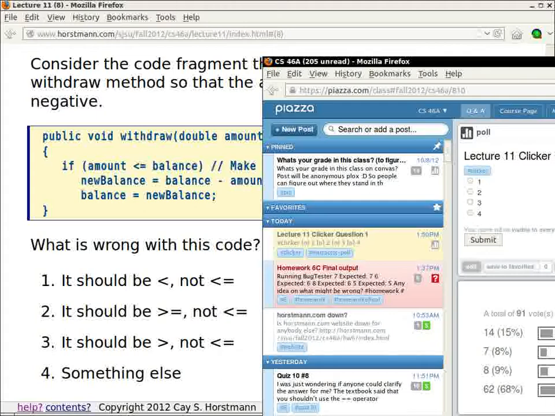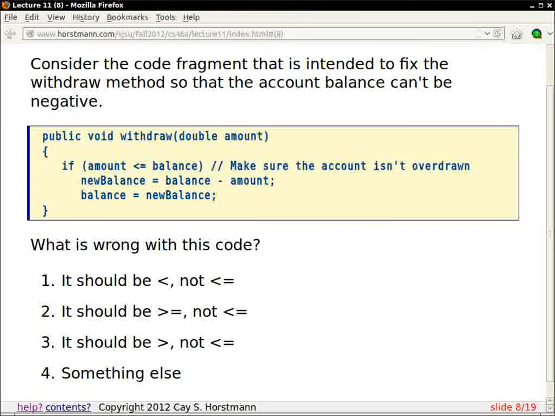All right, so if the amount is less equal the balance, then let's say the balance was $1,000 and the amount is 500. Then that's okay, right?